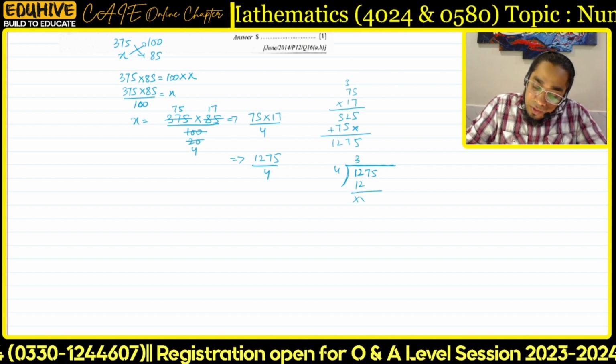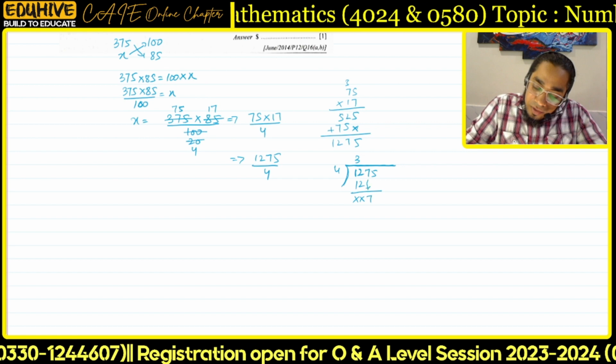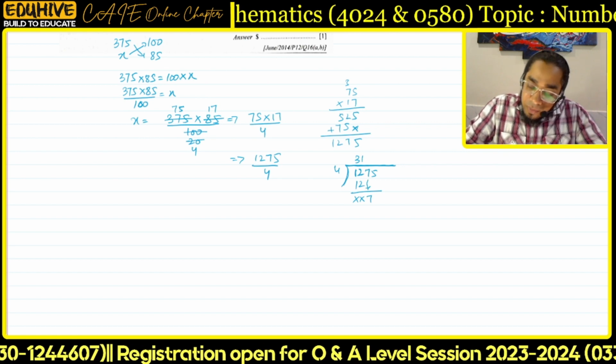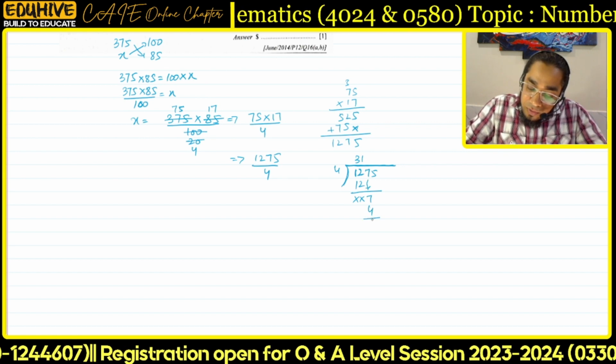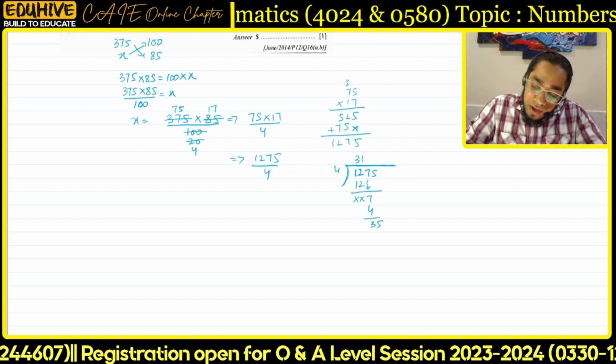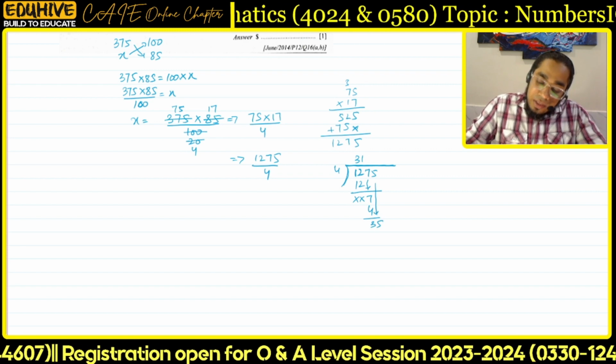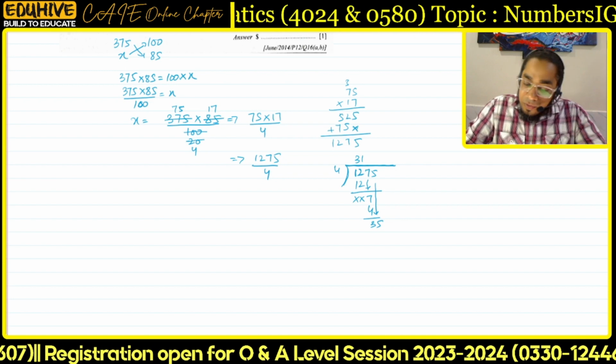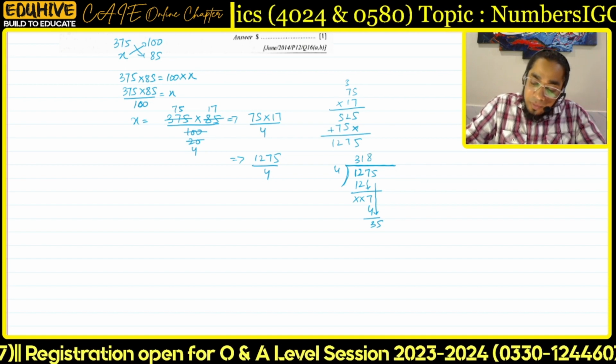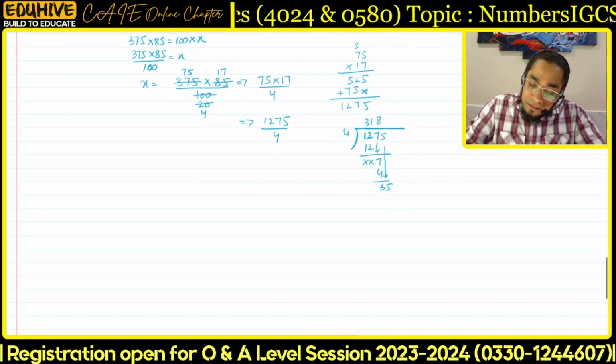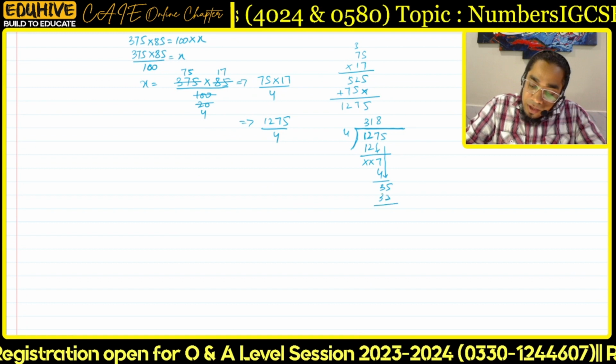So we cancelled this and we got 7 over here. Then 4 into 1 is 4. We will be having 3 and 5 along this, as well as 4 into 8 is 32. That's going to be 32 over here.